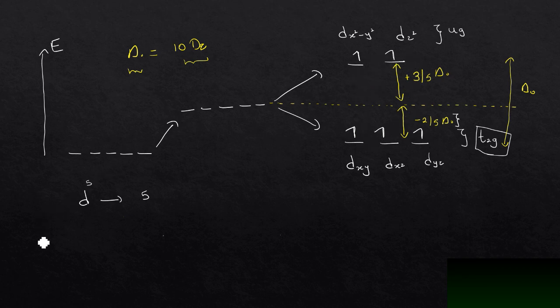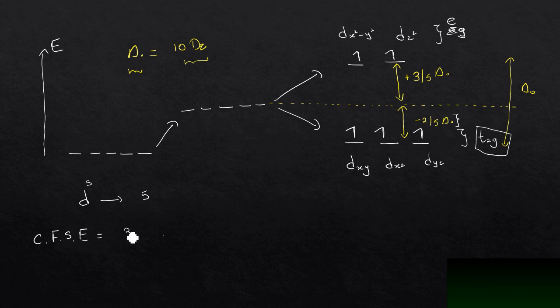Now if we are asked for the crystal field stabilization energy, how can we find it? There are two levels now, the t2g level and the eg level. I'm sorry, I was mistaken. So first, let's calculate the t2g level.